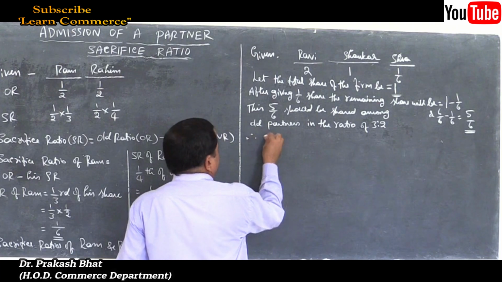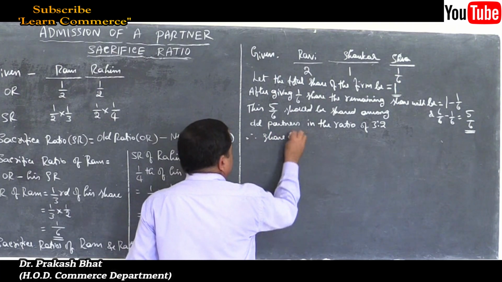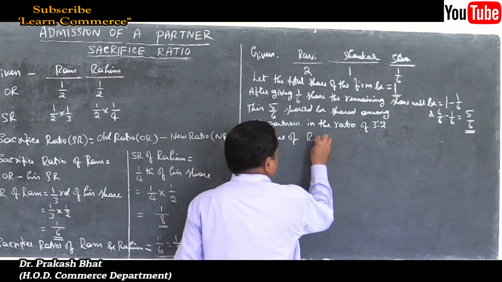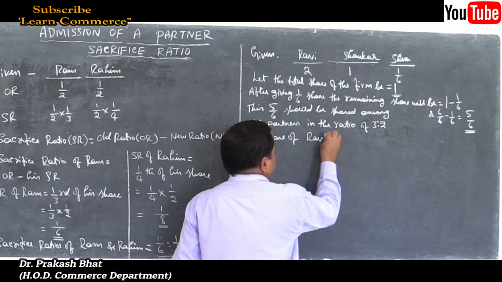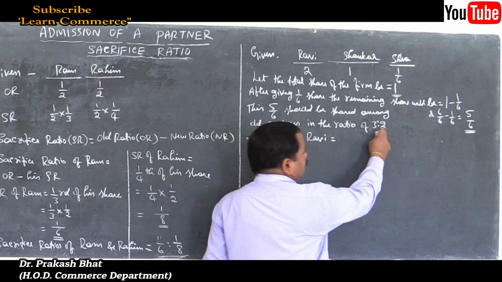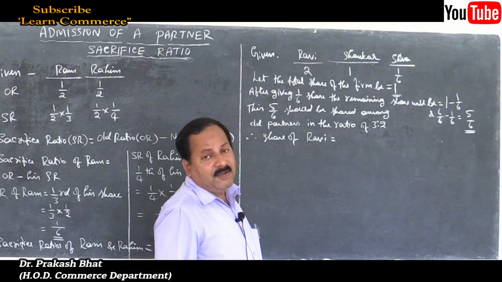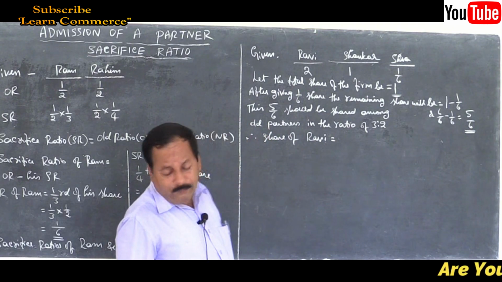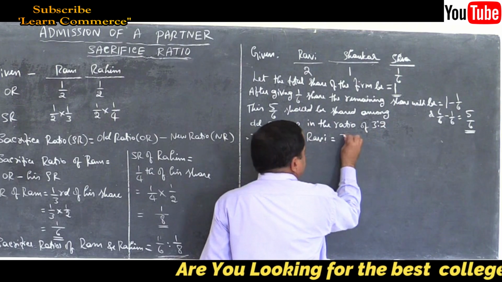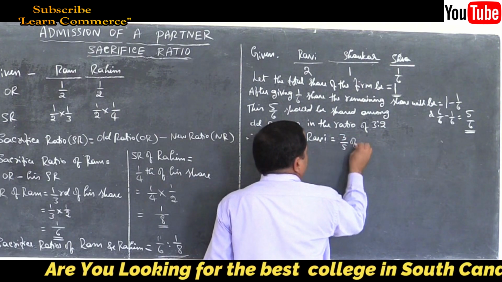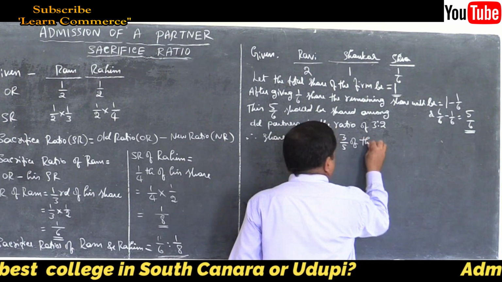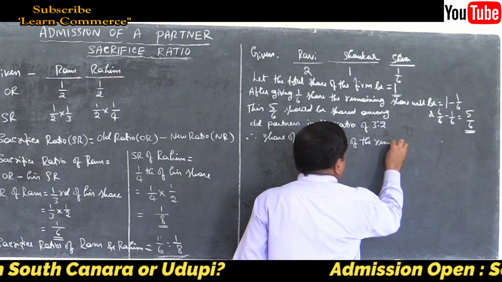Therefore, share of the first partner, that is Ravi, is equal to, 3:2 means 3/5 and 2/5. Remaining share, that is 3/5 of the remaining share.